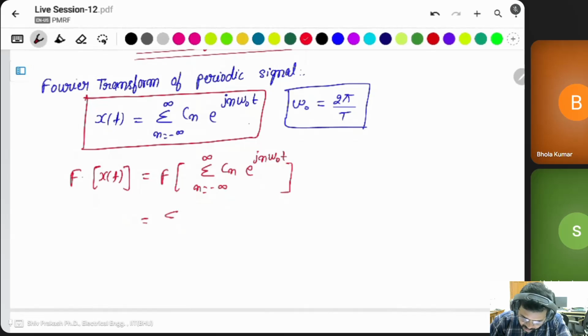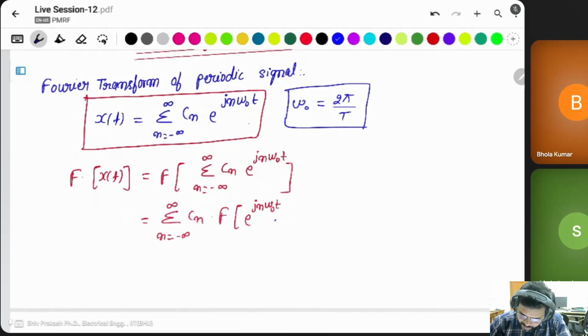Summation and Fourier transform are mathematical operations which can be interchanged. Then we need the Fourier transform of e to power of j n omega naught t.